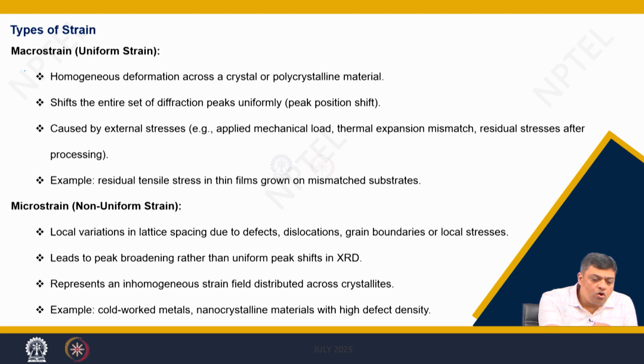The macro strain, which is also classified as uniform strain, is a homogeneous deformation across a crystal or a polycrystalline material. So, this is like a strain felt throughout the system, and it shifts the entire set of diffraction peaks uniformly.